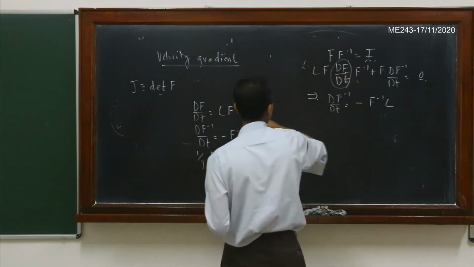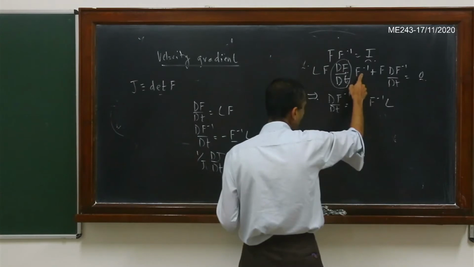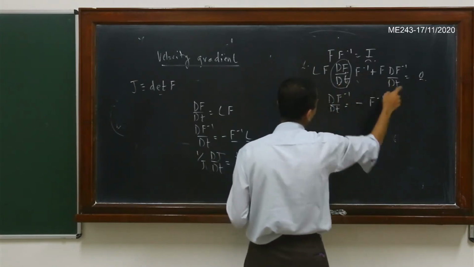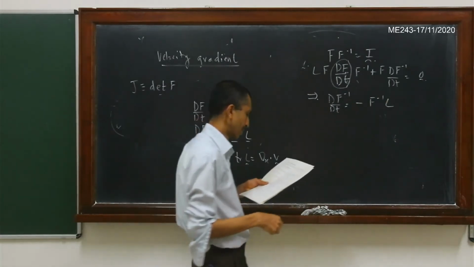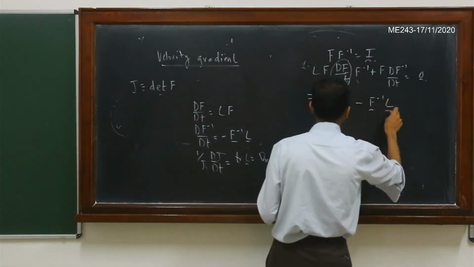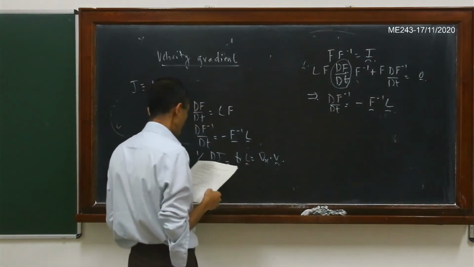So f times f inverse is the identity tensor, and you just take it to the right hand side and you will get this expression. Fine, then the last relation, 1 by j dj by dt, is trace of L.